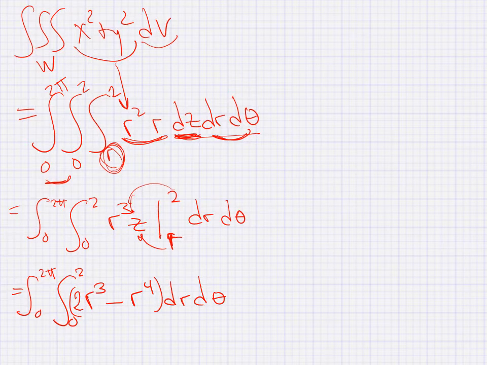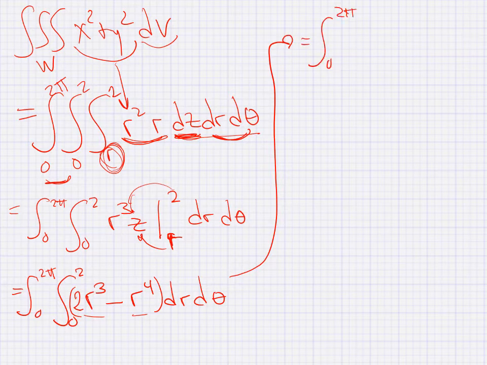So now we go with respect to r. Well, these are two easy integrals with respect to r. So we're going to have still the integral from 0 to 2 pi. We haven't touched that yet. 2r cubed would be r to the 4th over 2. And r to the 4th would be r to the 5th over 5. And that's between 0 and 2. We still have to do d theta.